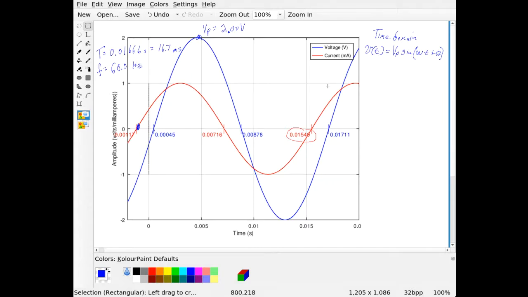So the next thing that we need to do is find this angle over here, this phase shift. We know we have a phase shift because the blue waveform is crossing after time t equals 0.